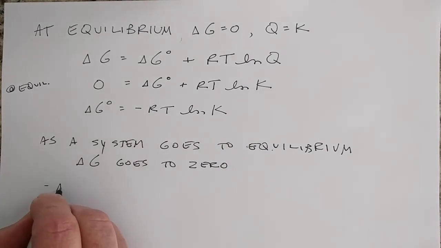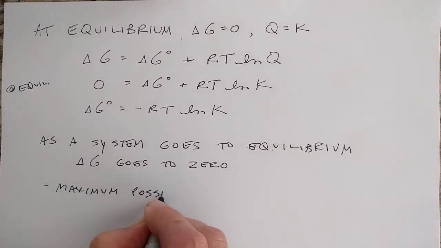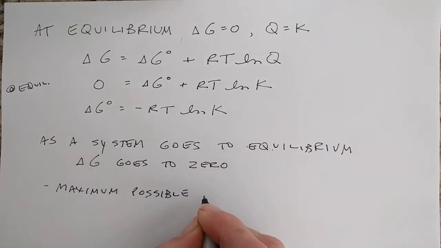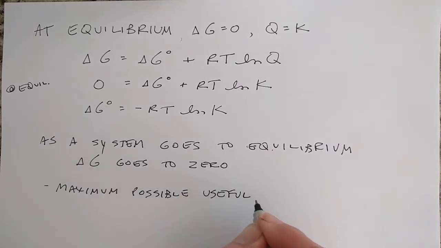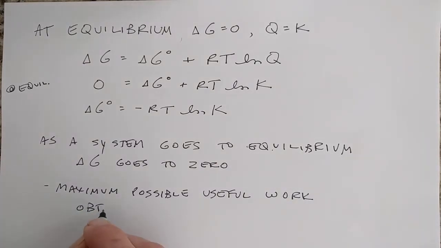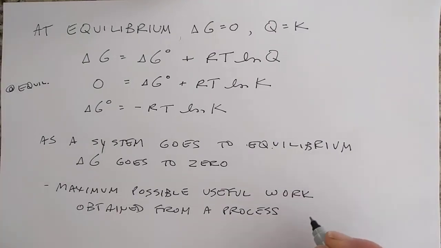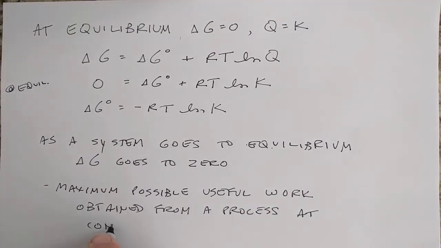So we say that the maximum possible useful work obtained from a process at constant temperature and pressure is equal to the delta G.